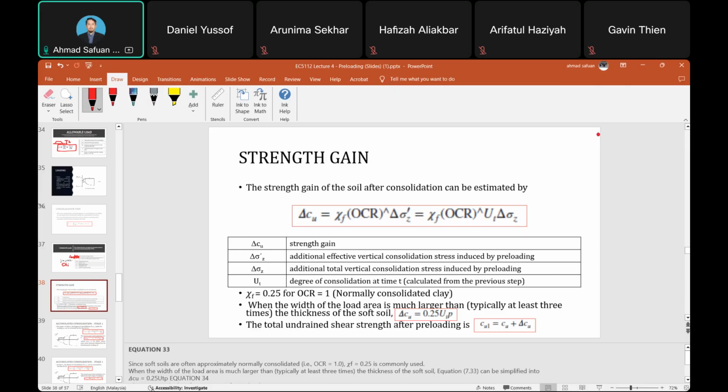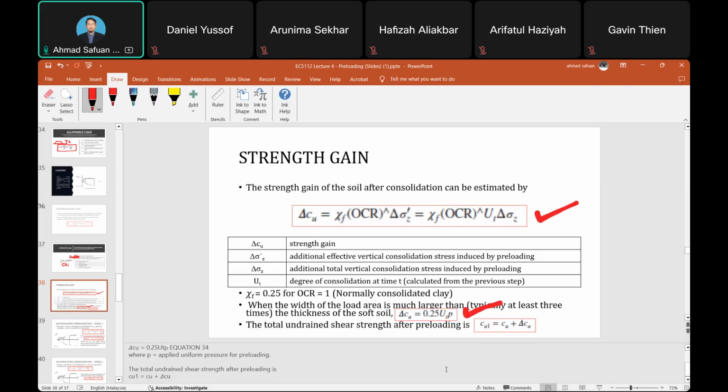It depends on whether you want to use case number 1 or the second case to determine delta Cu. So that is for the strength gain.